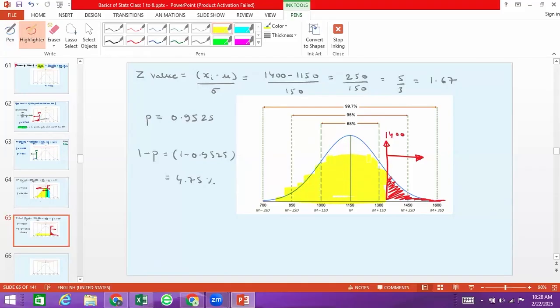So you can always think that the less than side is P and the greater than side is 1 minus P. So what is the P value? 0.9525. So what is 1 minus P? 0.0475.